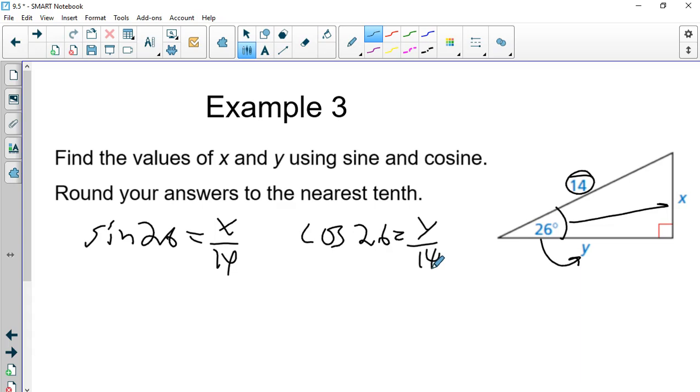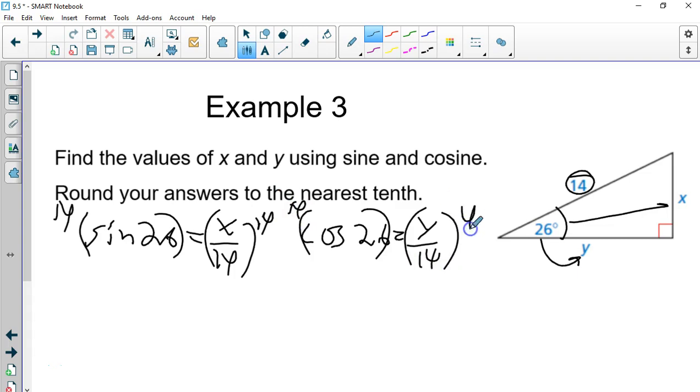Okay. In both cases, notice our variables are on the top, so we're literally just multiplying both sides by 14 in both problems. So when we do that, 14 times sine of 26, just type in your calculator, you will get 6.1.